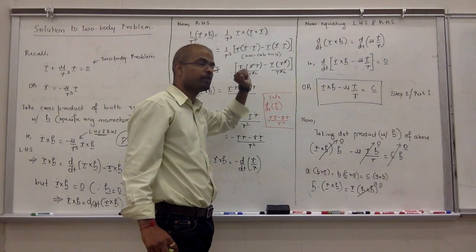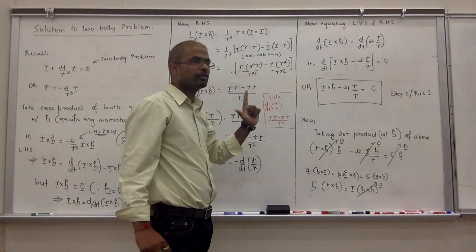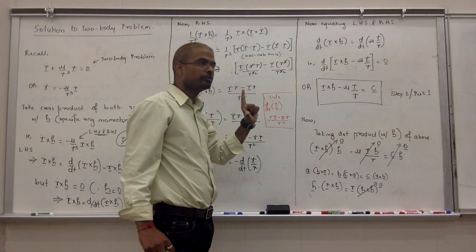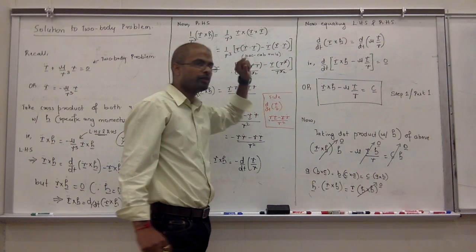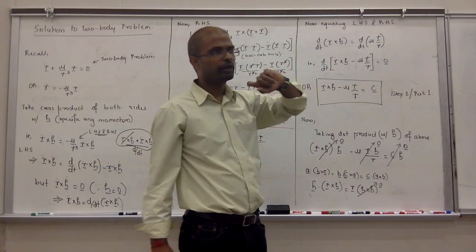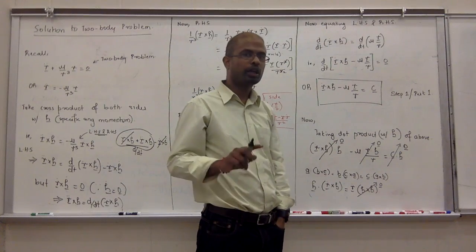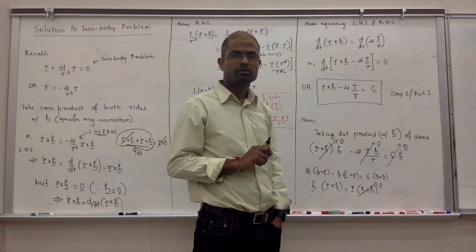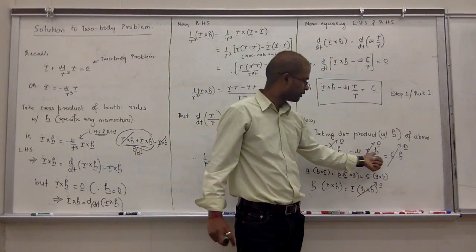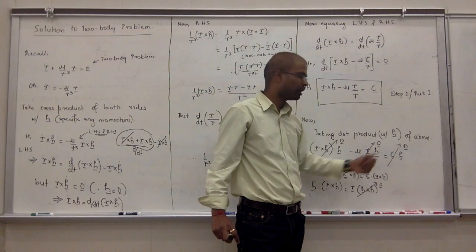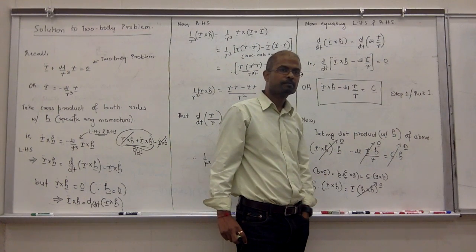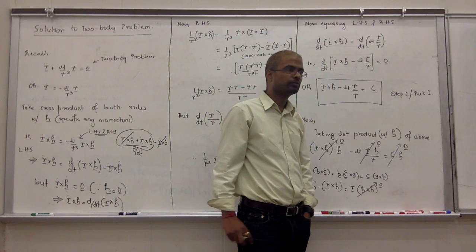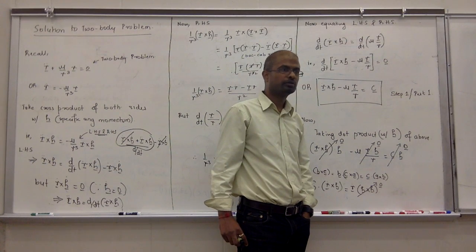That means H has to be perpendicular to R. Right? If A cross B is equal to C, that vector C has to be perpendicular to both A and B. Okay? If H is perpendicular to R, and if you take the dot product, what happens? It's 0 because there is a cosine term involved.